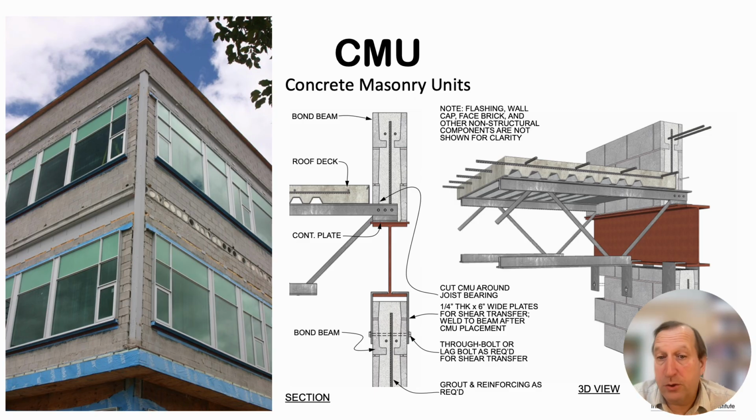The same thing goes on with concrete masonry units. It is not that uncommon to see concrete masonry units as an infill support only. And so that means that you need to provide a movement joint between the primary structure, in this case steel, and the enclosure support structure, which in this case is concrete masonry units.